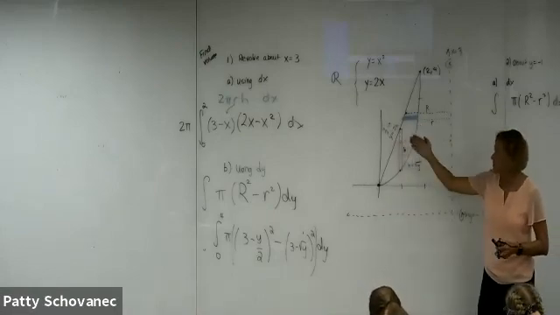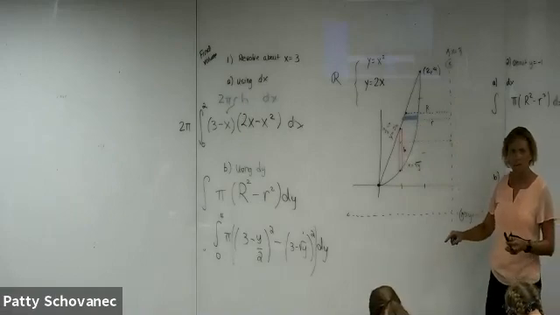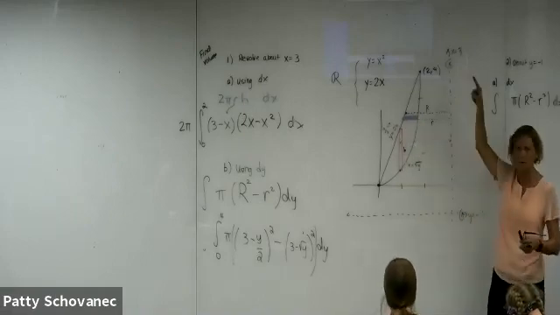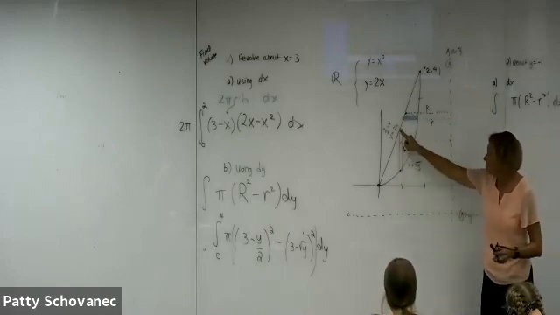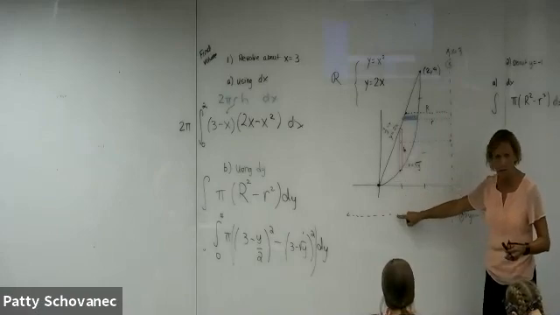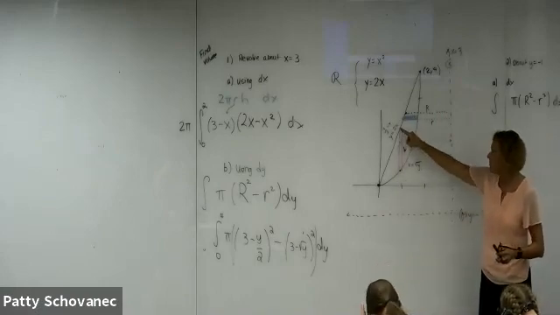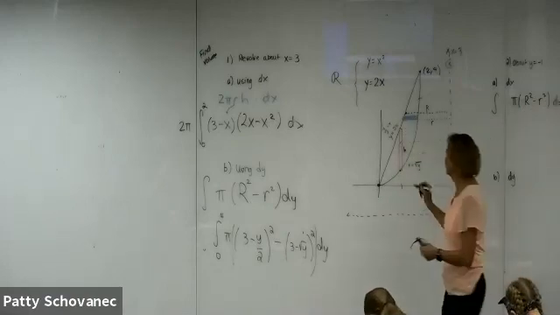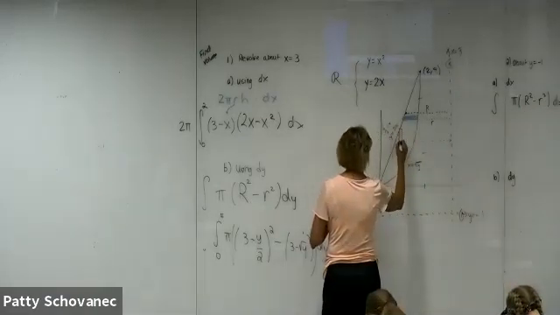Okay, so when this makes the washer, the big circle is generated by this farther point going around. So I need to measure the distance from an arbitrary point on that line down to there. So how far is it as a function of x?